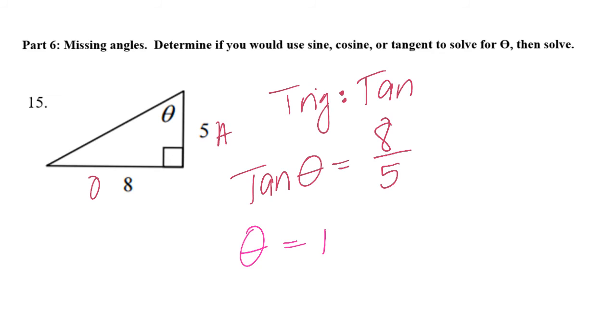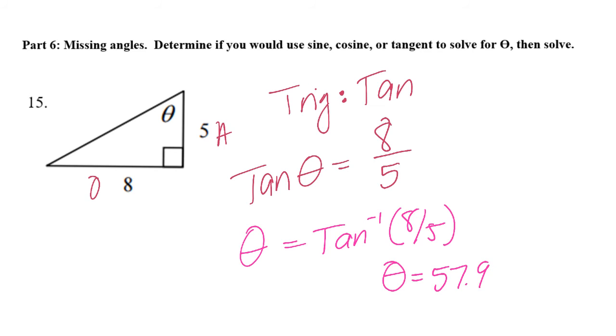So then to solve, we do inverse tangent of 8 over 5, which gives me 57.99 degrees.